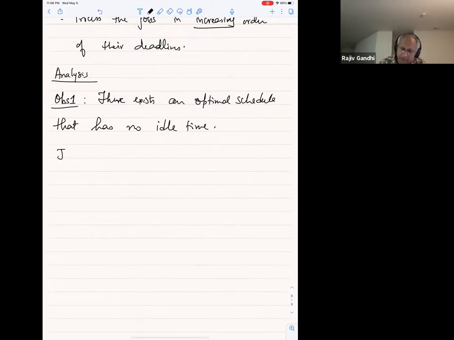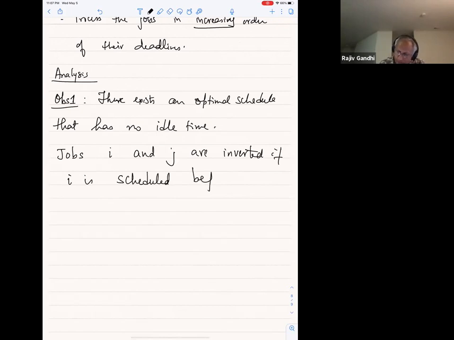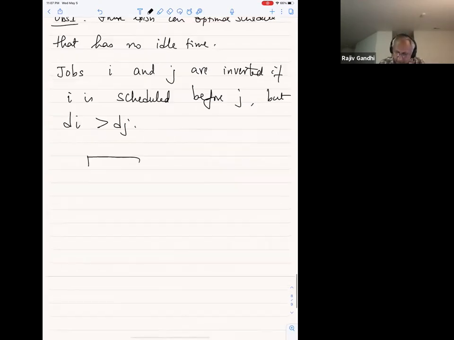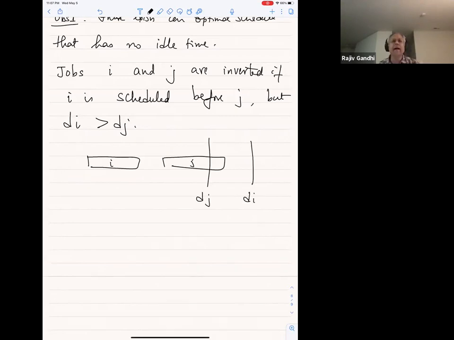We say jobs I and J are inverted if I is scheduled before J, but the deadline of I is greater than the deadline of J. So it is like this. There is job I, then there is job J, but the deadline of J is here and the deadline of I is here. We say that I and J are inverted.